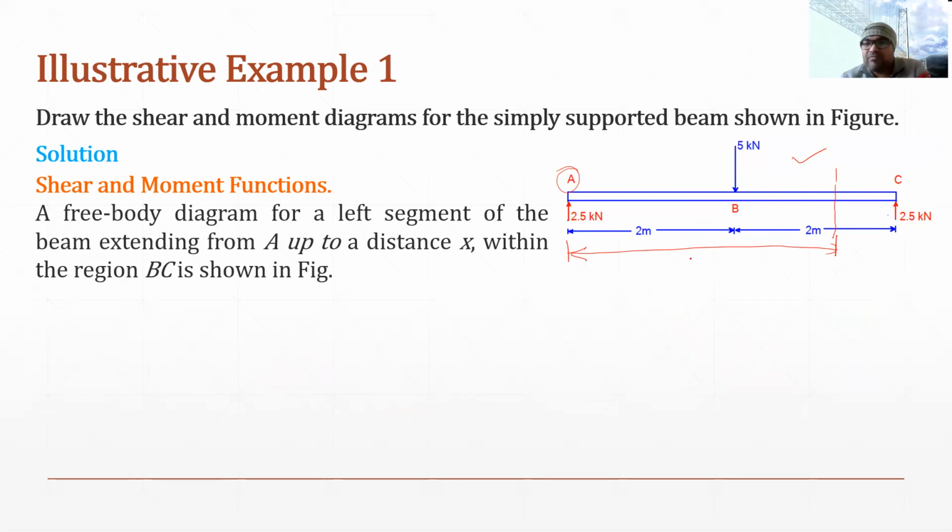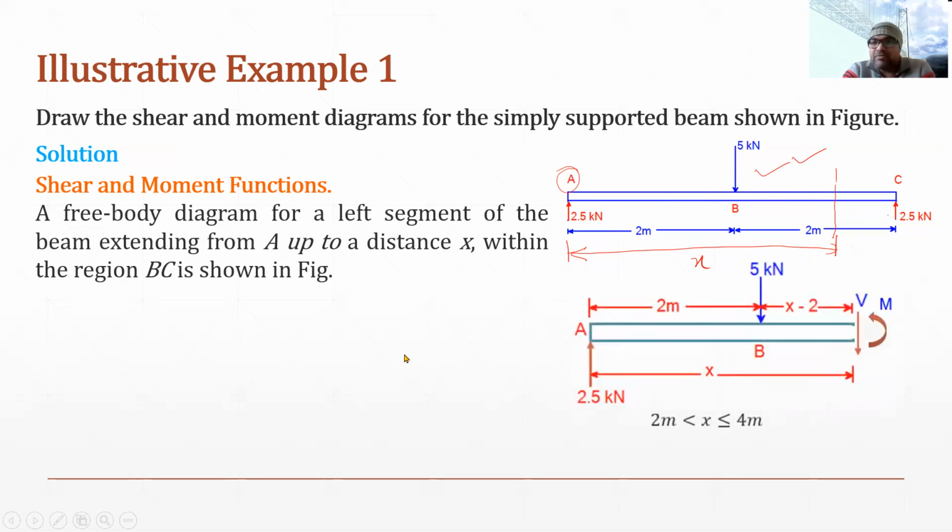So it will be, say, X. Okay. So now we will make the free body diagram of this left hand segment. So now I will be showing you the free body diagram of this segment. So the free body diagram of this segment will look like this.